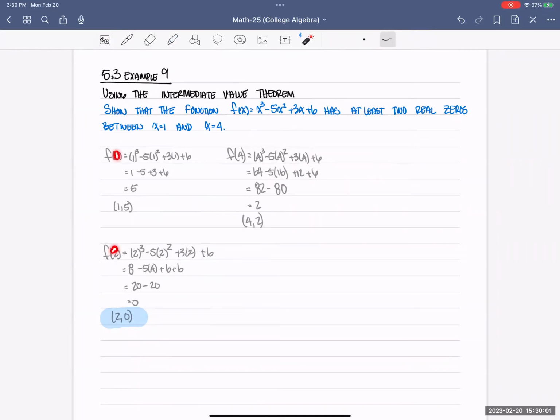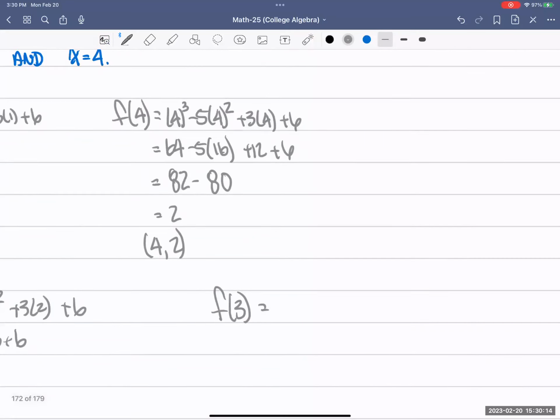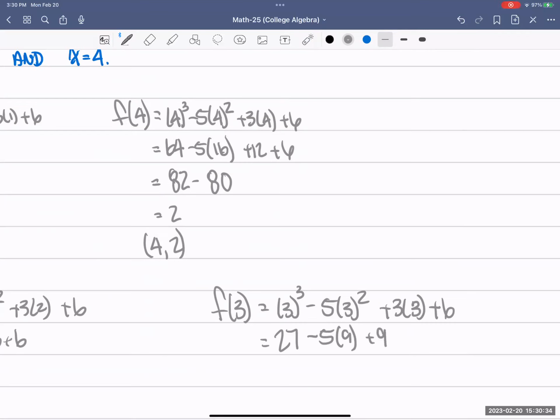So we have 1, 2, let's look at 3, and then we have 4. See if we see any sort of pattern here. So f of 3 is 3 cubed minus 5 times 3 squared plus 3 times 3 plus 6. 3 cubed is 27, minus 5 times 3 squared, which is 9, plus 9 plus 6.